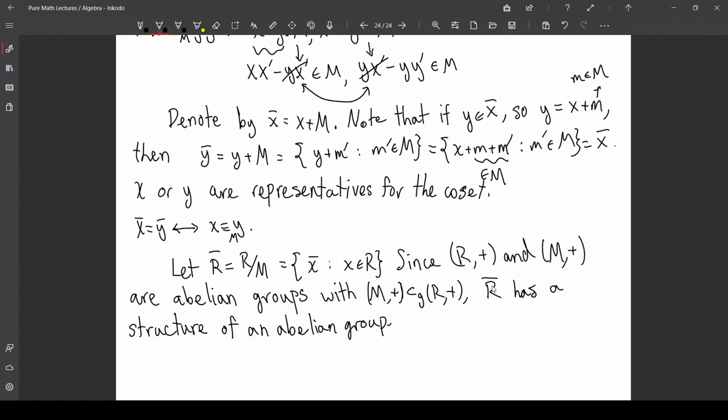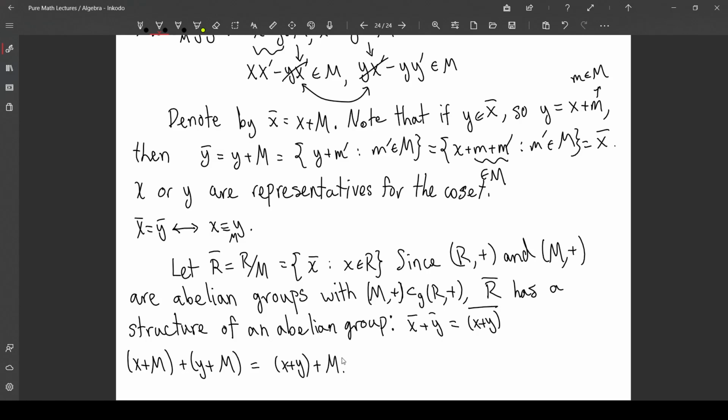So we already know that R bar with the addition, the actual operation of addition of cosets, is given by x bar plus y bar equals x plus y bar. Or in other words, x plus m plus y plus m is equal to x plus y plus m, right?